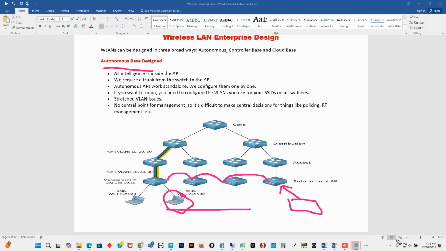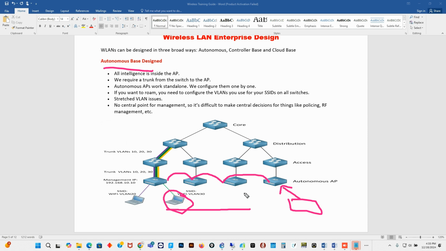You also need to configure your radio frequency parameters, like the channel you want to use and the transmit power, with multiple APs. All these APs should be configured that way. You have to figure out which channel and what transmit power to use, so that there is enough overlap but no interference between the APs.